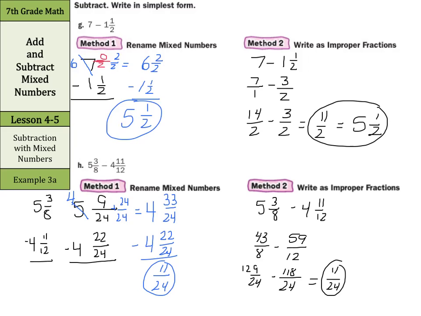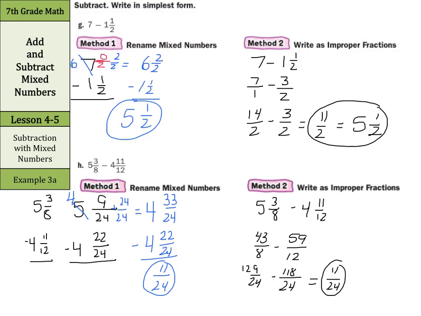So some of you are going to go, well, this is kind of weird. There's a lot of work here. Some of you may go, these are really big improper fractions. I don't know if I want to compute with 129 and 118 just to get this. Both have their disadvantages. Both have their advantages. Here you don't have to borrow with improper fractions.